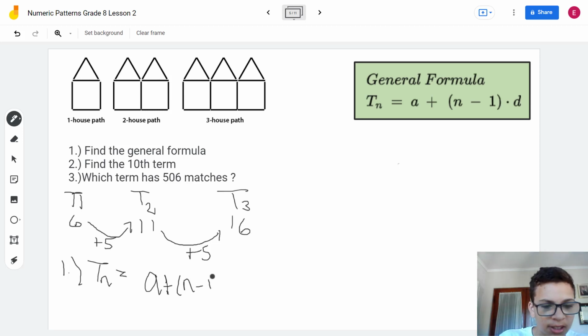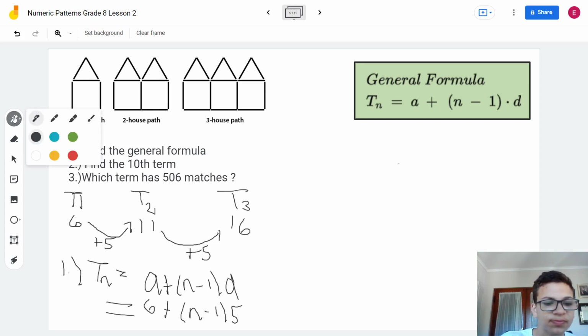Okay, which equals, what is our first term? Our first term is 6. And our common difference, as we said, is 5. So it equals 6 plus n minus 1 times 5. As you can see, we're going to use the dolphin again with the 5. So 5 goes into n, 5 goes into 1.